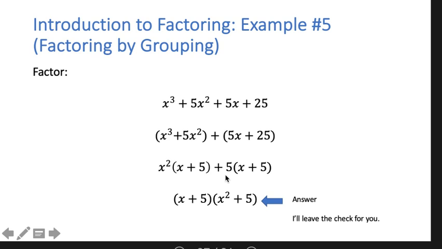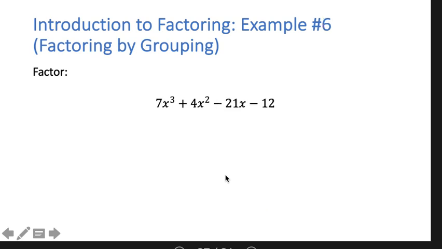Okay, let's do one last example. In this last example, I chose this one because there's a negative sign here. And that's extremely important. You have to be careful. So when you group these two terms together, you have 7x cubed plus 4x squared. But when you group the second two terms, you're going to notice that this sign changed.